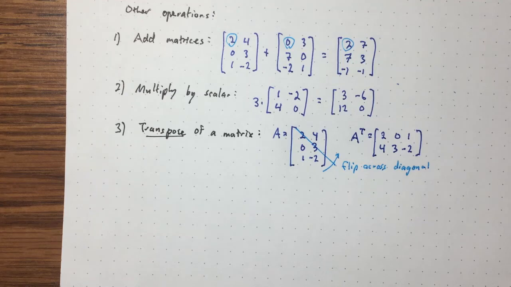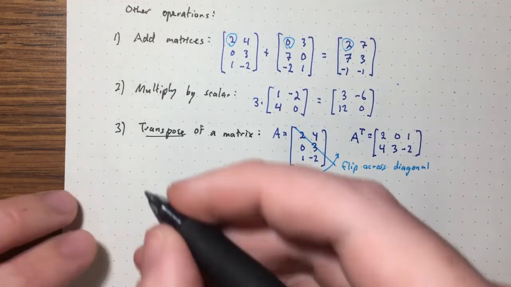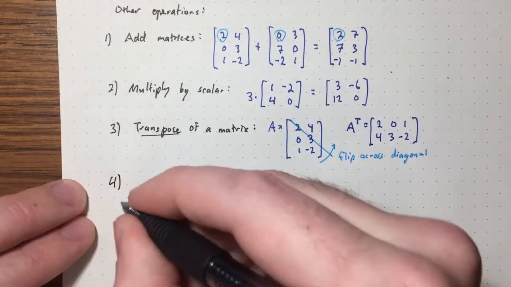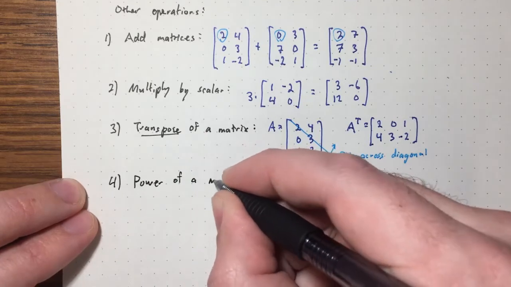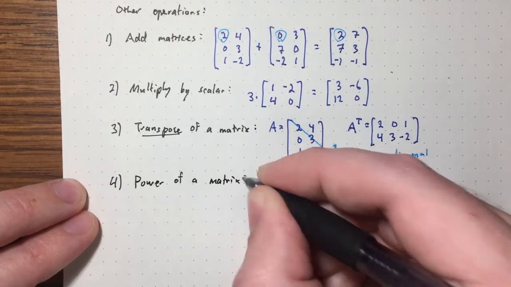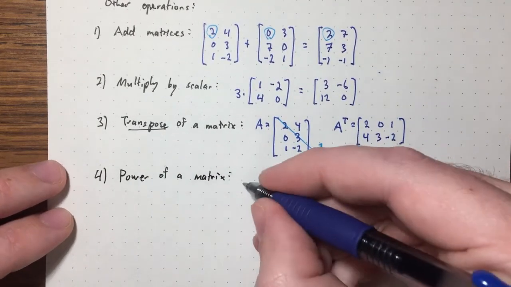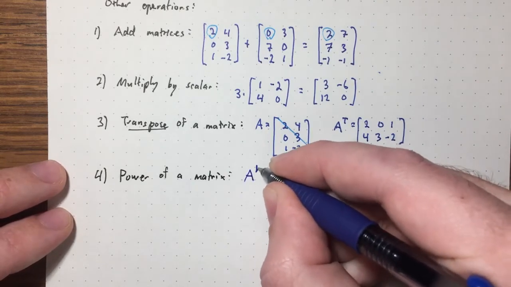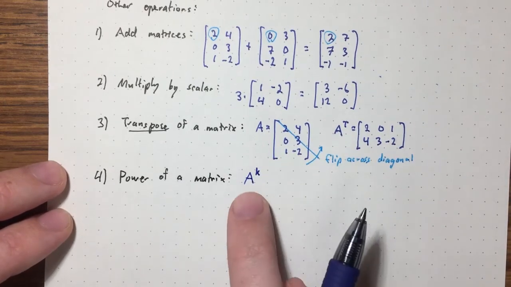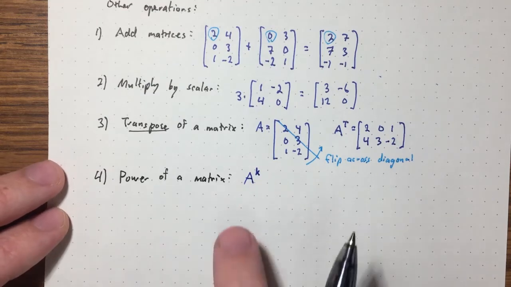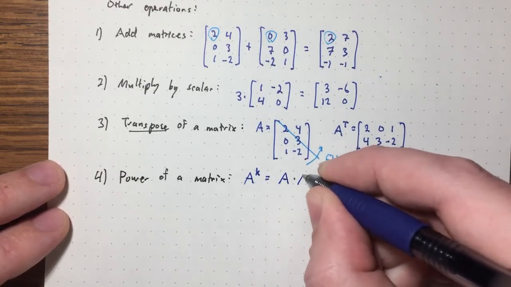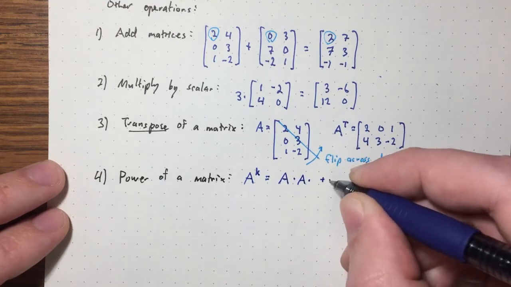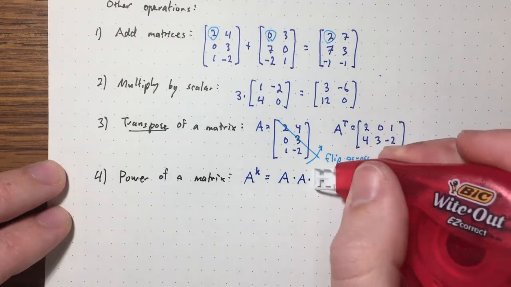What else can we do? We can take the power of a matrix. That's an interesting one. So that involves multiplication. So A to the kth power, you just write it like a normal exponent. The matrix is the base. Well, what do you think that means? That just means A times, sorry, there's not a plus sign there. It's all multiplication.